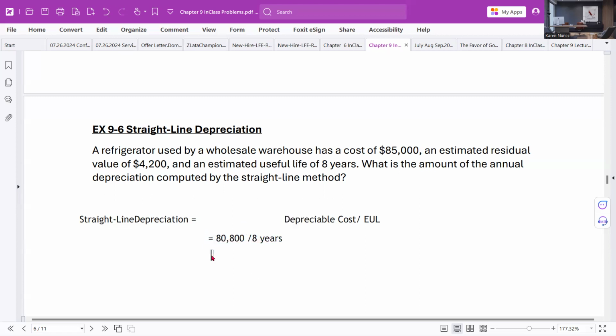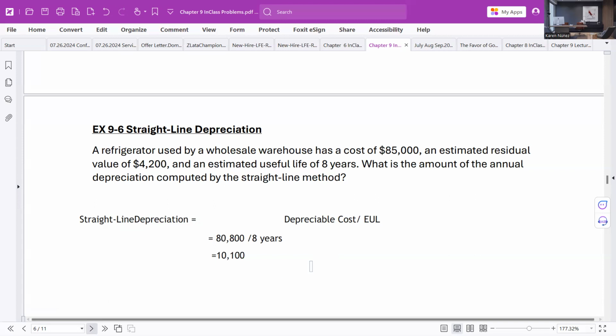And what that ends up equaling for us is $10,100. That is the straight line depreciation for this asset. Straight line method is the easiest method. It's very straightforward, very easy to understand and follow. DDB, not so much. It requires more than one step.